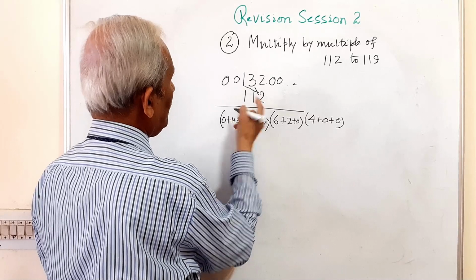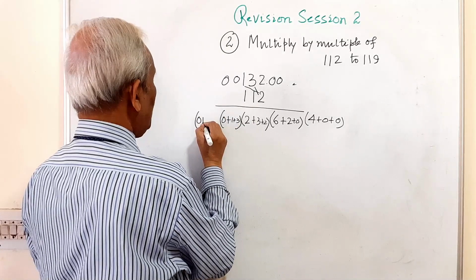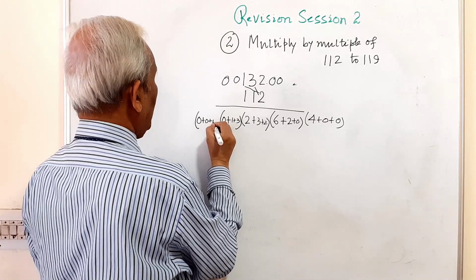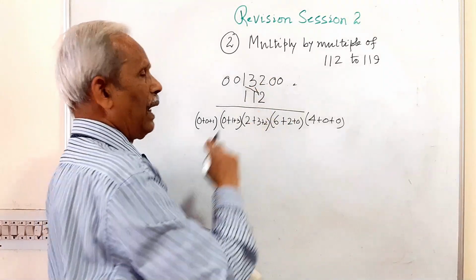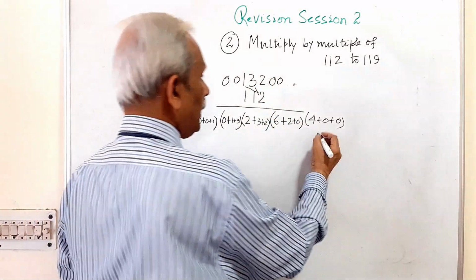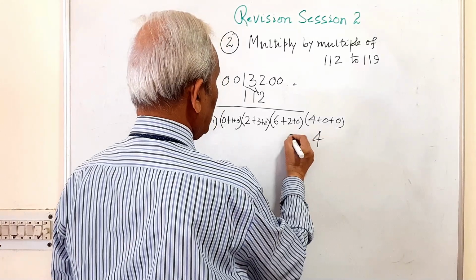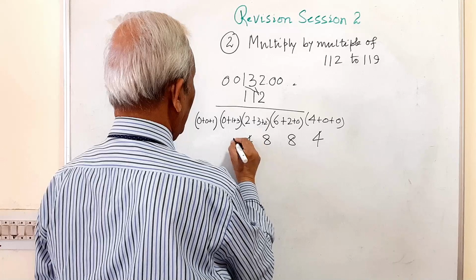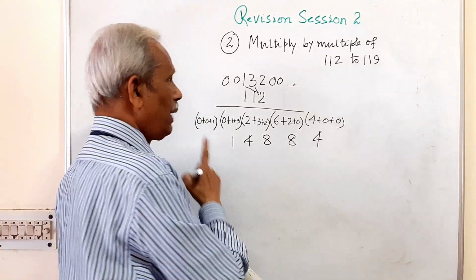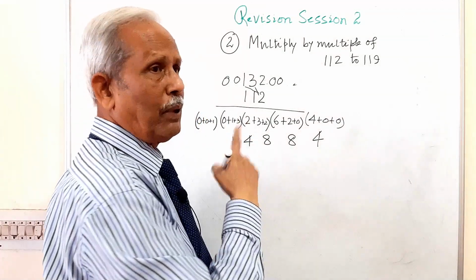And then 0 into 2 is 0 plus 0 plus 1. We multiplied each number with 2 and then added the neighbors. The result here is 4. Here it's 8. Here it's 8. Here it's 4. And here it's 1. This is the process by which we do the multiplication of 112.